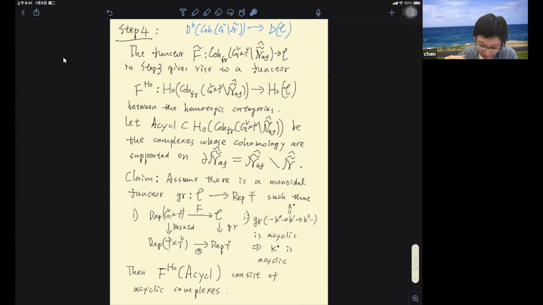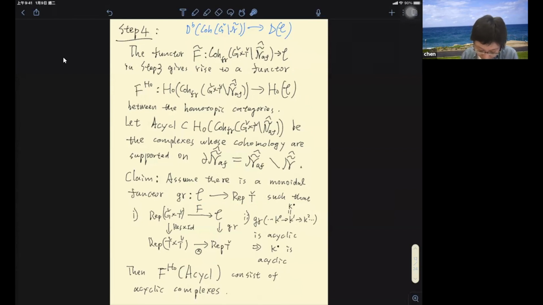Now we assume some assumption on the target category. I assume there's a monoidal functor from our C, denoted by GER, and the reason will be clear later, to representations of T check, such that the following two artificial properties hold.